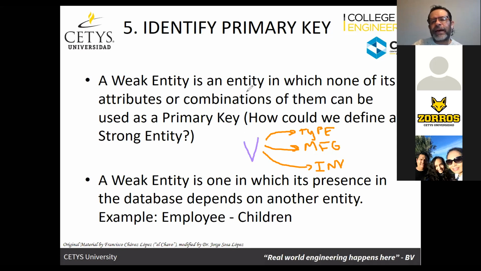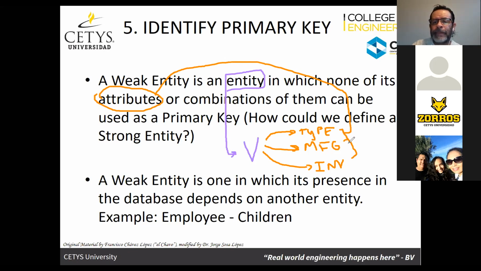If I define the vaccine this way, remember that vaccine right now here is the entity. Okay. And the type, the manufacturer, and the inventory, these are the attributes.